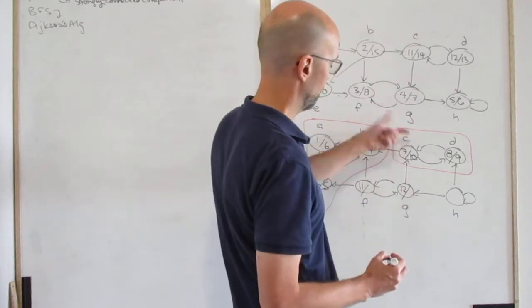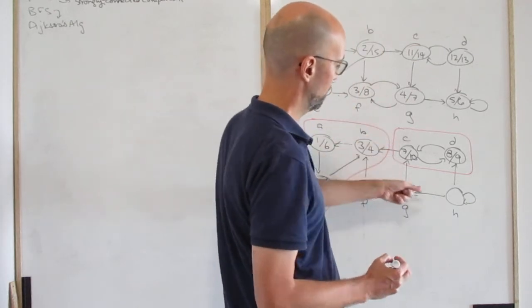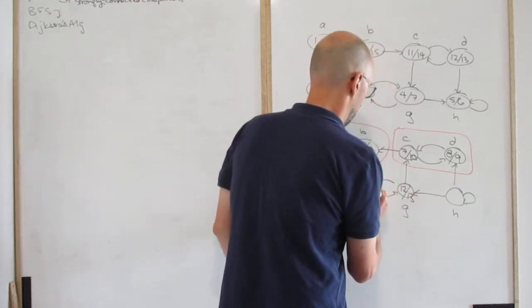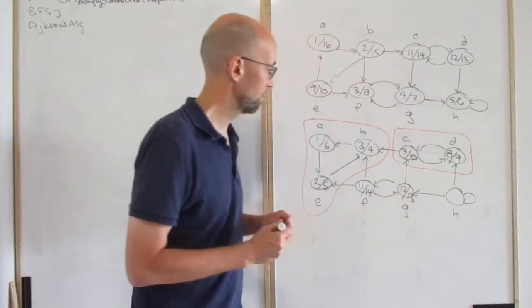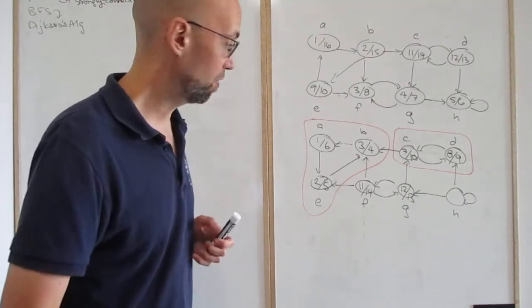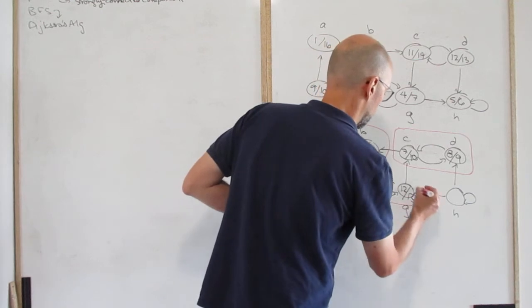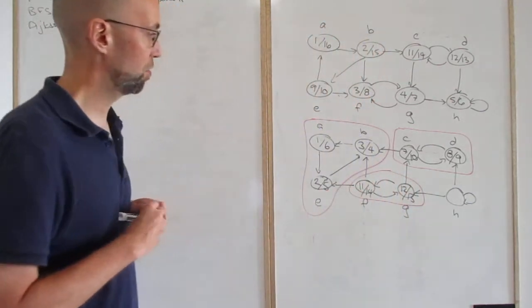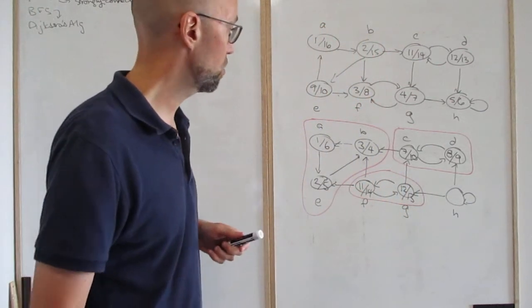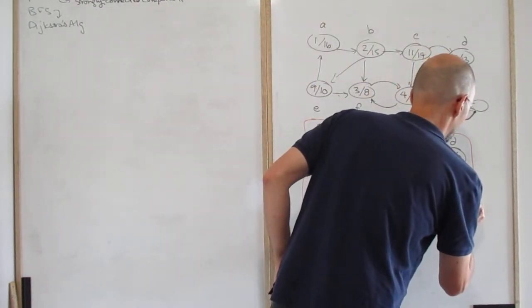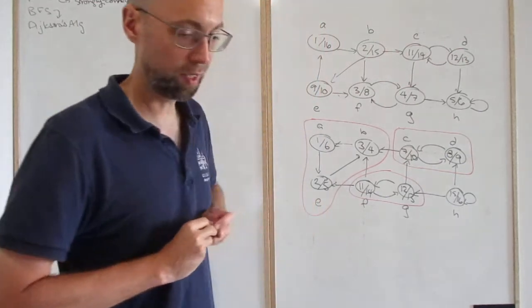From G, we can go to C, but we can't. We've been there before. We can't get to H. So this is 13. This is 14. And that DFS is done. So that's a strongly connected component. And then H, 15, 16 is its only strongly connected component.